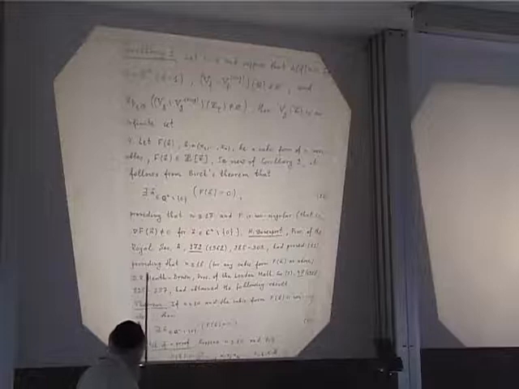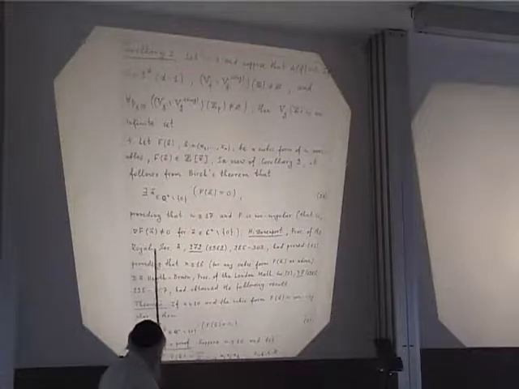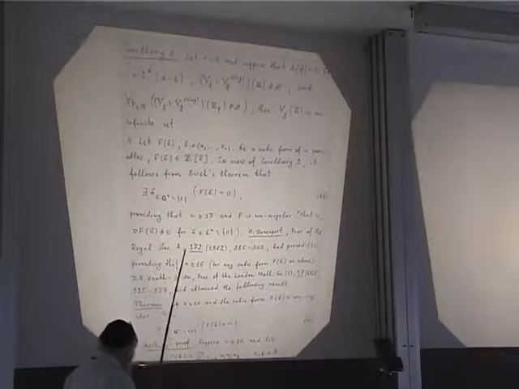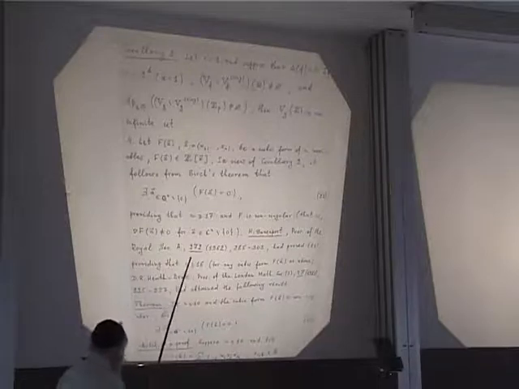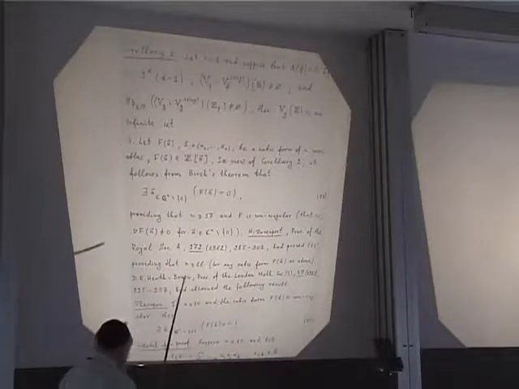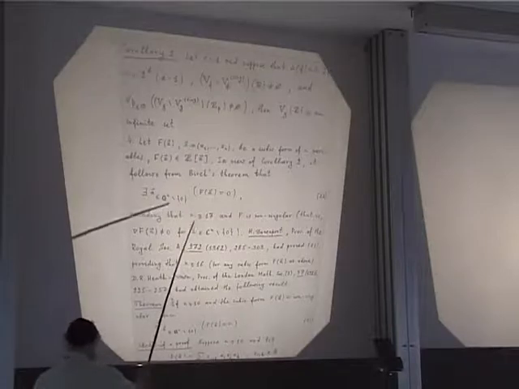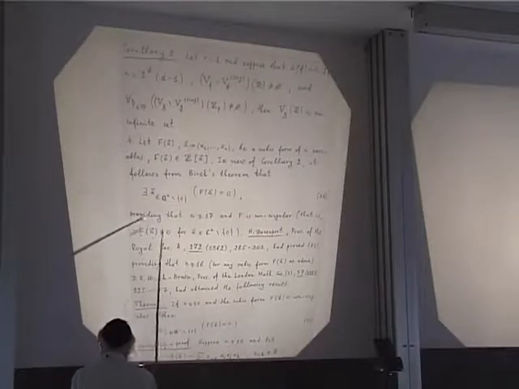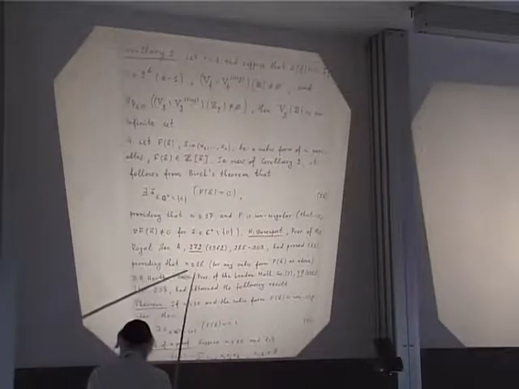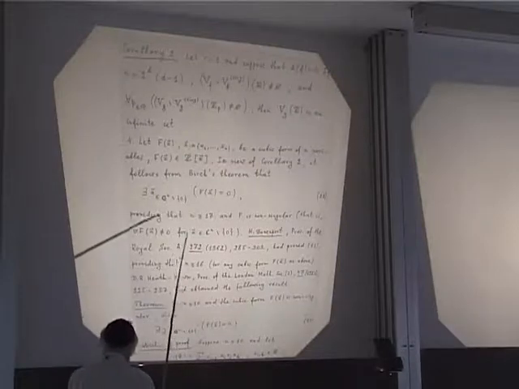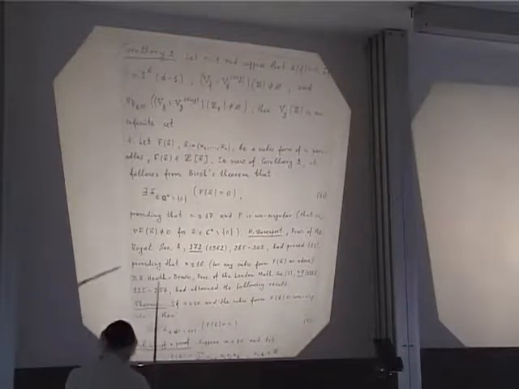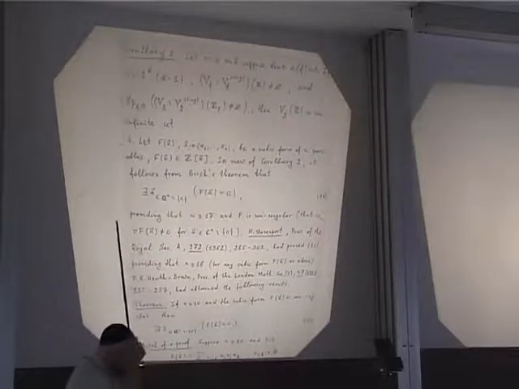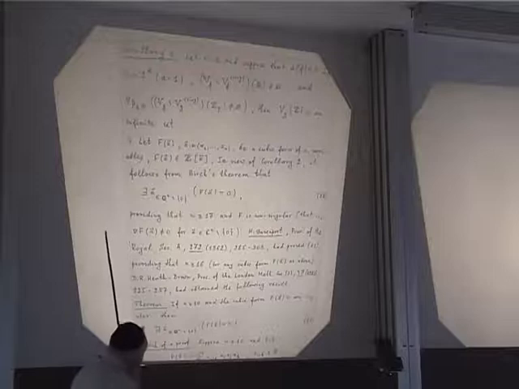Just after the paper of Birch was published, Davenport published a new paper where he proved that a cubic form of at least 16 variables represents 0 non-trivially, and that's the best result up to now.